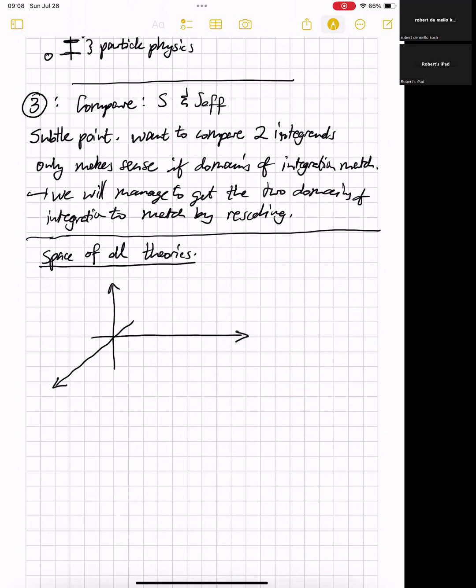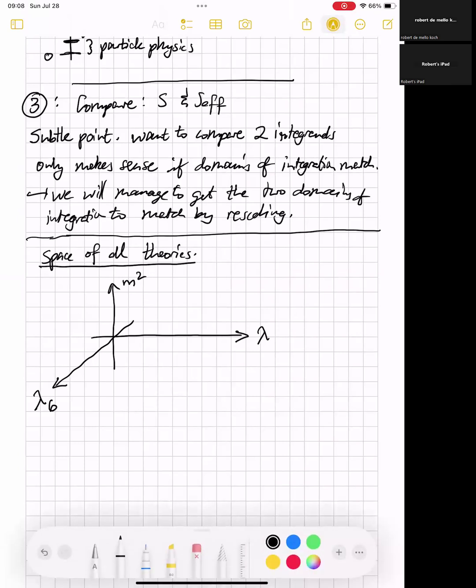I've only drawn 3 of them. Well, one of the axes might be m squared, the value of the mass. Another axis might be the value of the phi-to-the-4 coupling lambda. Another axis might be a coupling that allows 6 fields to interact, a lambda to the 6. But each different axis in this space would be a different coupling.